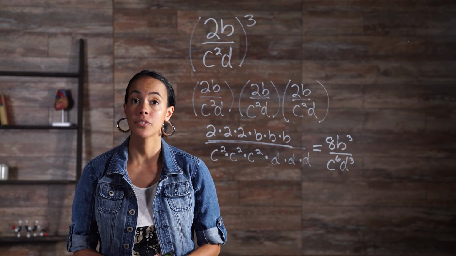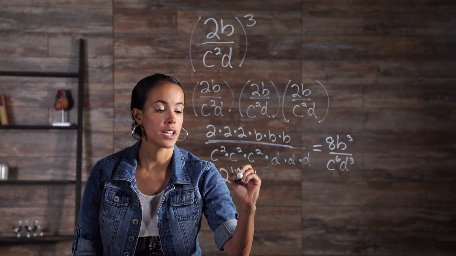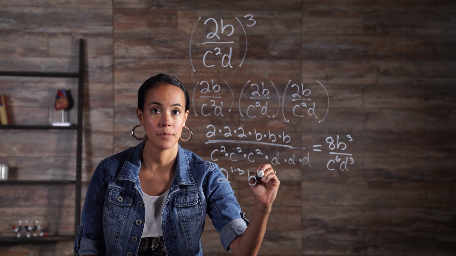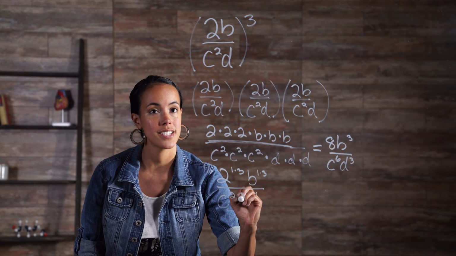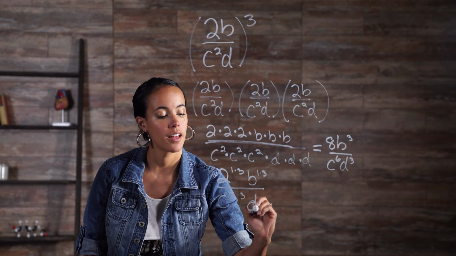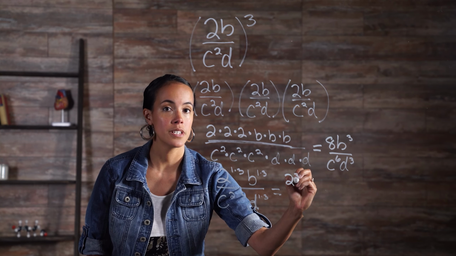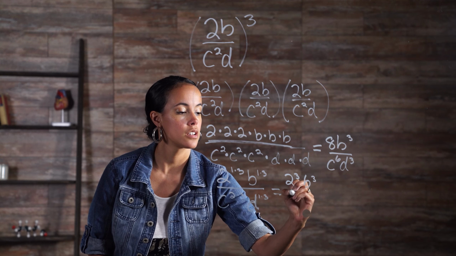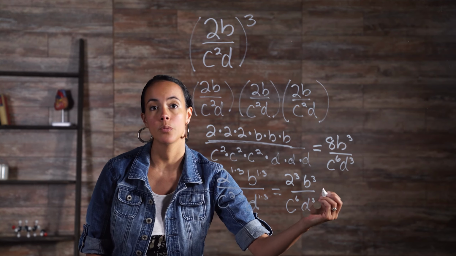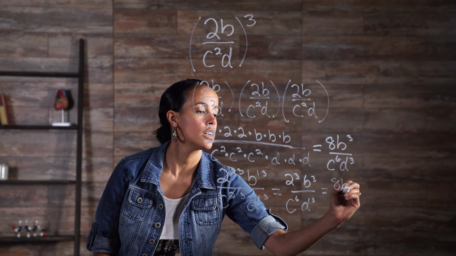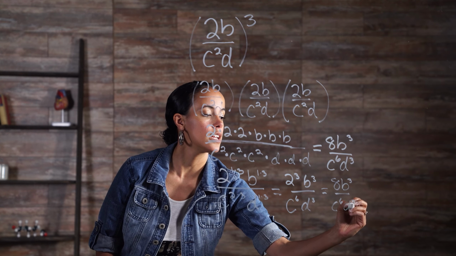If we were to apply the power of quotient property, it would look like this. 2 to the 1 times 3 times b to the 1 times 3, all over c to the 2 times 3 times d to the 1 times 3, which equals 2 cubed times b cubed all over c to the 6th times d cubed, which equals 8b cubed all over c to the 6th times d cubed.